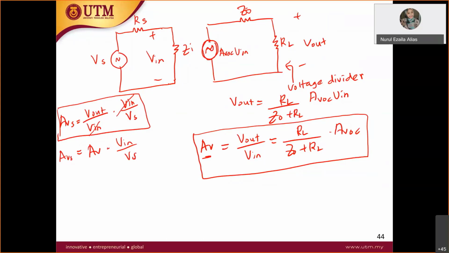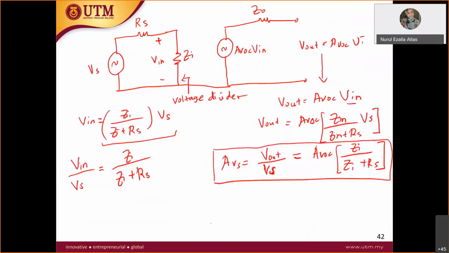Where can you get this V in over VS? From your derivation just now, you know that V in is equal to Z in over Z in plus RS times VS. I said you have to think logically: how can you manipulate the equation?